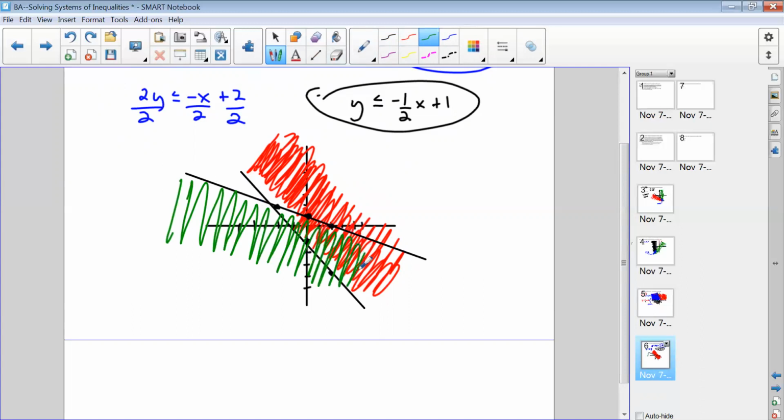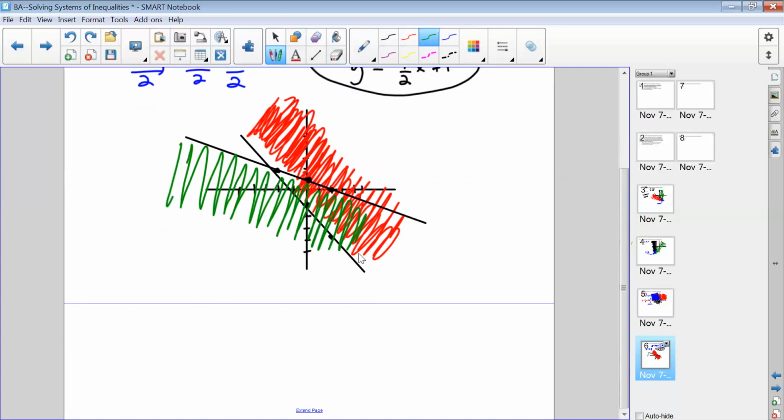And then wherever you see overlap, that's where the solutions lie that satisfy both equations. So I'll come back in blue here, and we're looking at everything in this region.